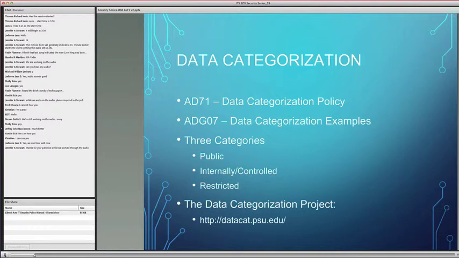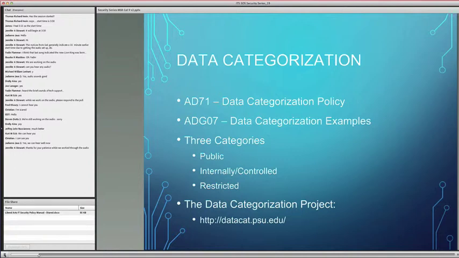Access to restricted data must be strictly and individually controlled and logged. Typically, this data, if lost, would be considered reportable by law or government regulation. Social security numbers associated with a last name is an example you've heard of. At times, internal controlled and restricted data are combined and are going to be referred to as non-public data.